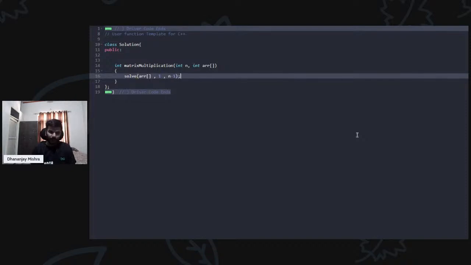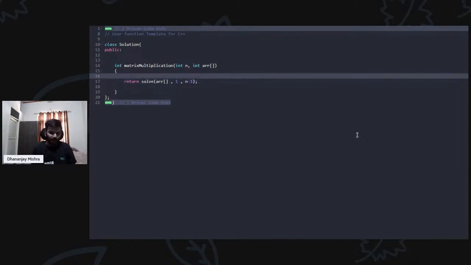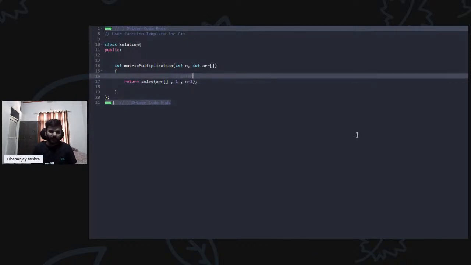Solve gives me an integer value, and we have to return that value. So solve is basically our helper function, the main function that we can say. This 1 is the start of this range, and n-1 is our end.